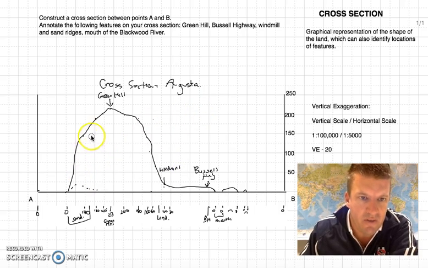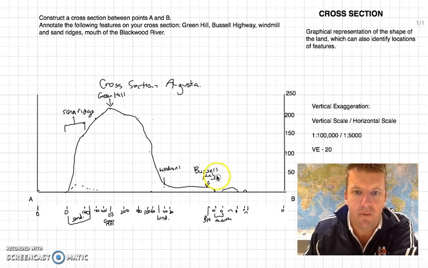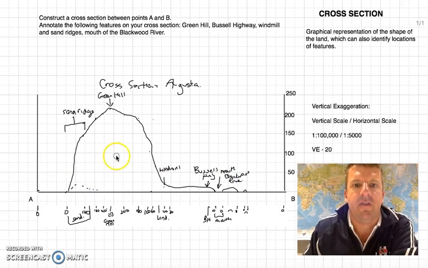Sand ridges. Now to show an area of annotation, we use a bracket like that. So that shows where my sand ridge is. And the mouth of the Blackwood River is just there. So there's my cross section.